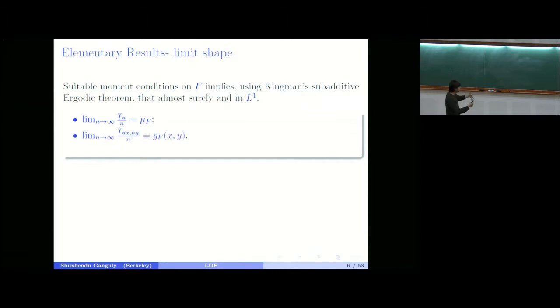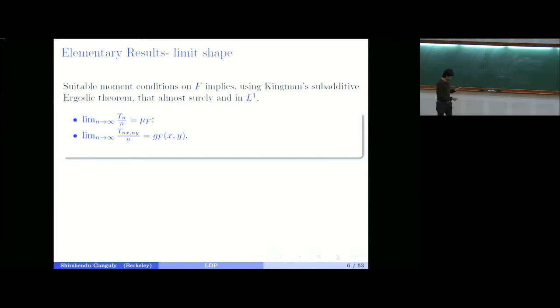In particular, you can have a stronger theorem where you look at passage times between various points. This was your box, and this was the origin. Initially I was only looking at paths which ended at n, but now you can look at different paths ending at different points.